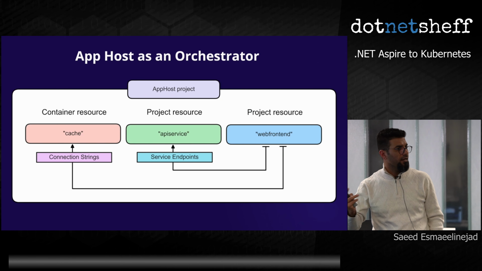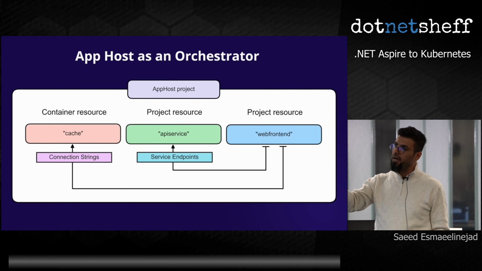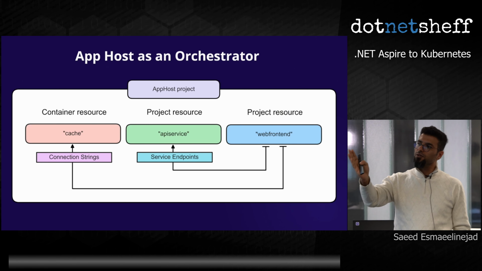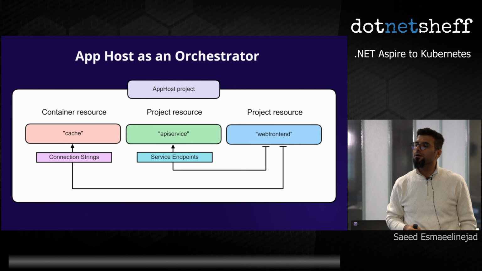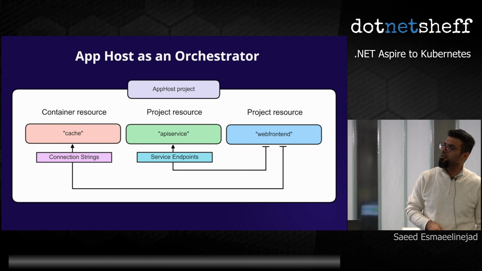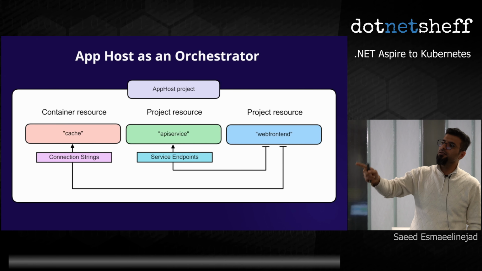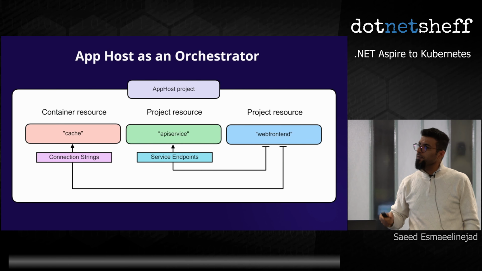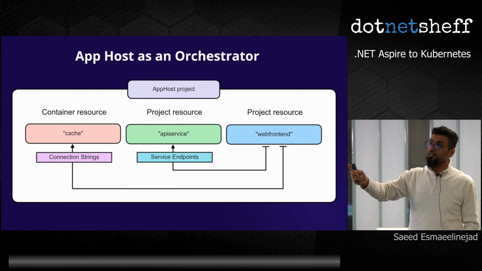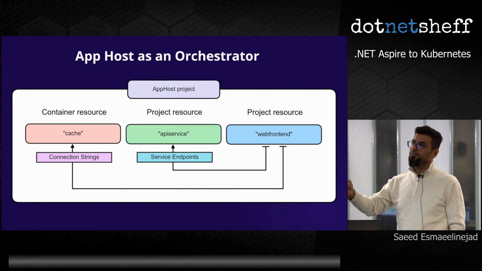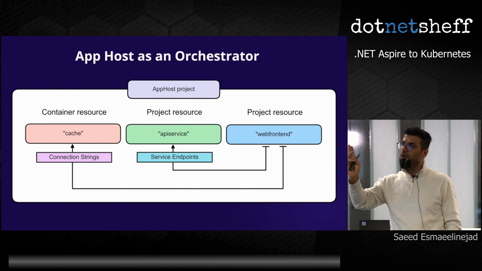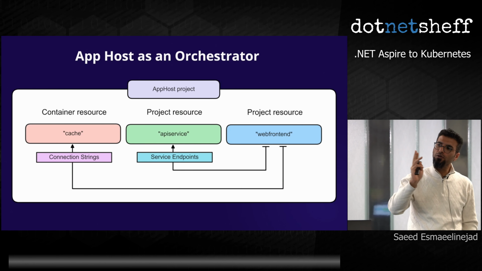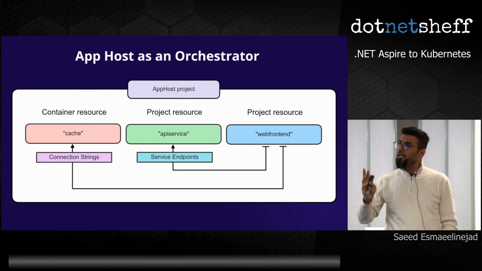The front end will have a dependency on the backend one, and also use the Redis for caching something on the front end. The front end is a Blazor, that one is ASP.NET Core. So here, the front end has two dependencies, for calling the API and also the Redis one.